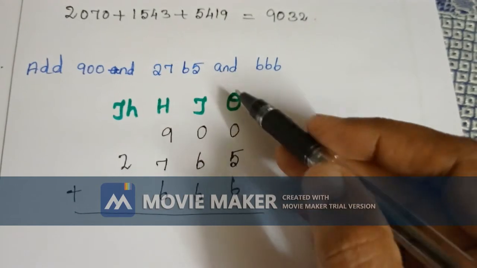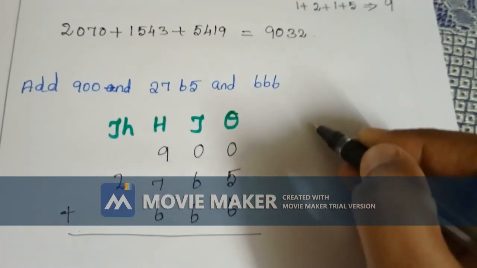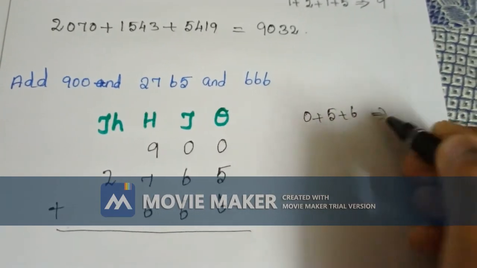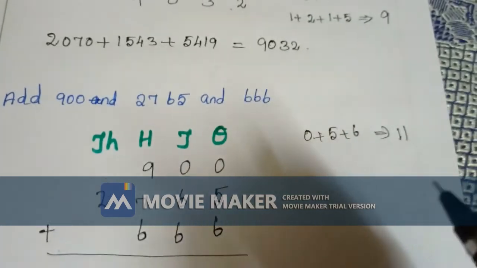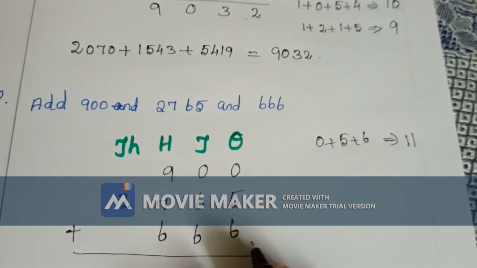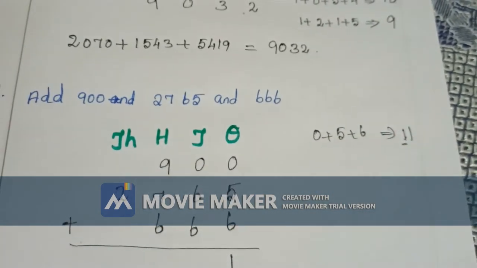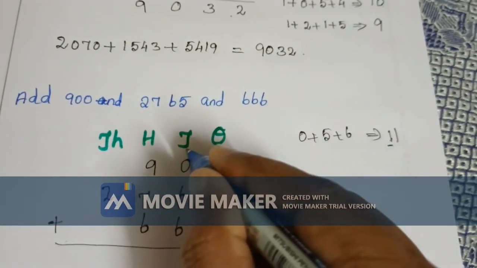First step, you have to add the values in the ones place, that is 0 plus 5 plus 6, which gives us 11. That means 11 ones. You have to write 1 in the ones place and carry over this one to the tens place.